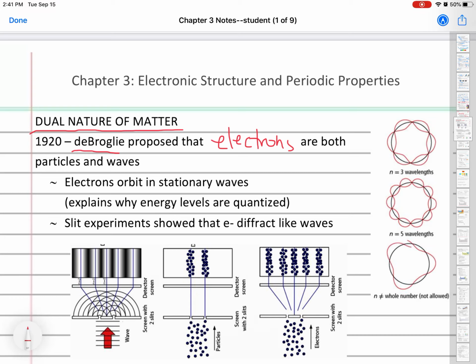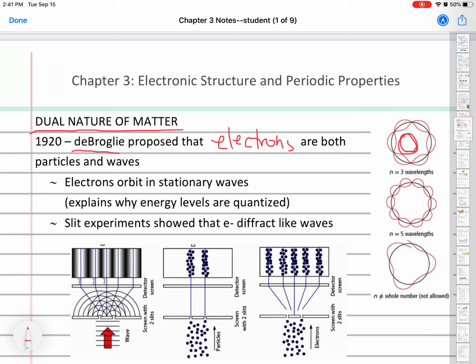So this explanation would explain Bohr's quantum or quantized energy levels. Because if electrons act as a wave, an orbit that's made by a wave has to be in whole number, integer. So the waves have to be able to be continuous around this circle.